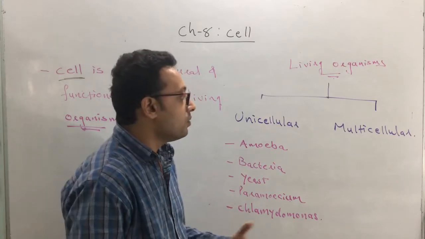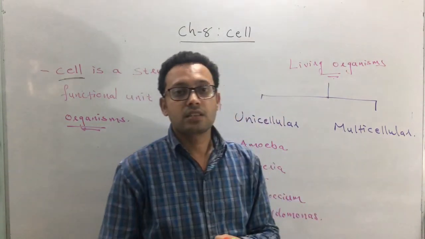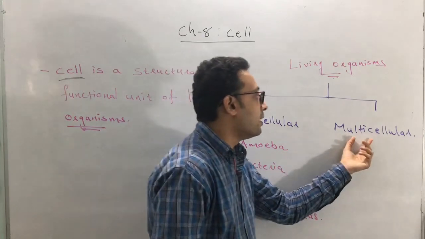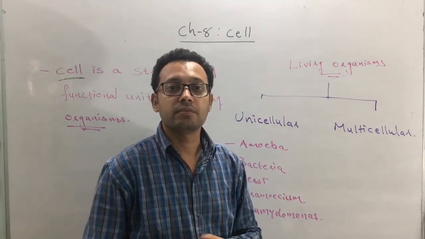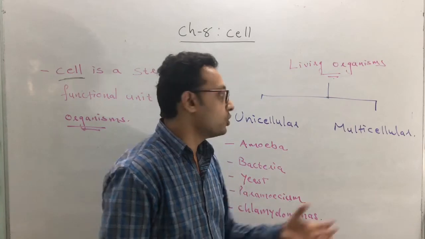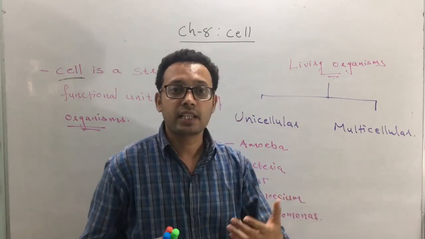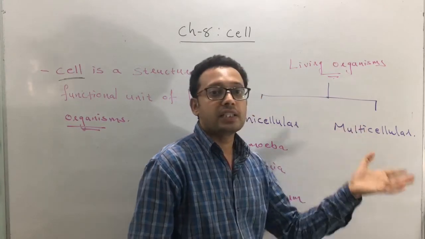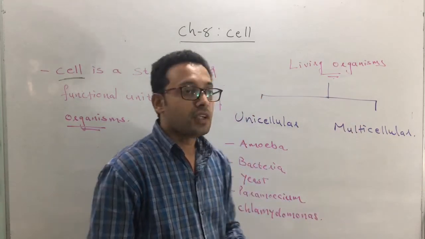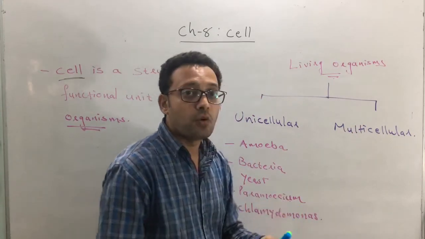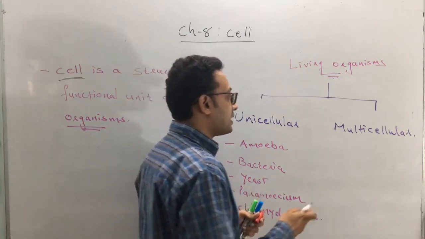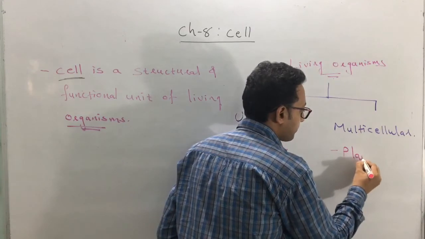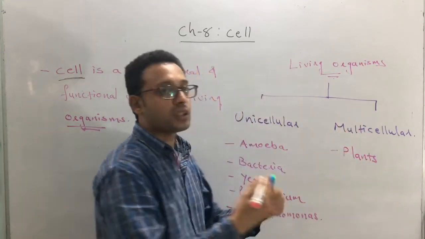Now the other class of living organism based on number of cells is the multicellular organism. You know that they contain how many cells? They contain more than one cell. So that's why they are called multicellular. They possess more than one cell, and examples are plants, or most of the animals, which usually have more than one cell.